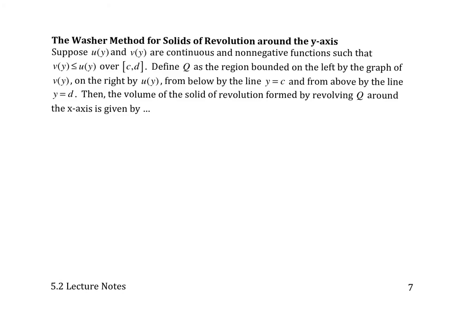This picture is going to look pretty similar here. I'm going to draw a y-axis like this. I'm going to draw x-axis like this. We're going to have one function that's going to be our bigger function. So the bigger function is going to be to the right.